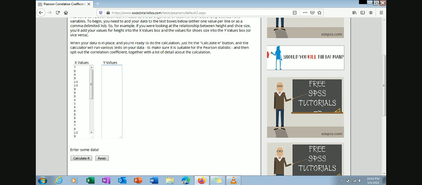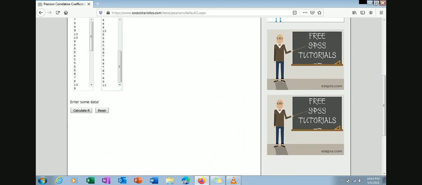So, sa X values naman po, meron tayong 10, 9, 4, 4, 4, 6, 7, 8, 8, 8, 8, 9, 9, 4, 4, 4, 4, 4, 4, 10, 5, 5, 5, 6, 7, 8, 6, 7, 6, 7, 6, 10, then enter lang po natin yung calculate R para lumabas po yung resulta.